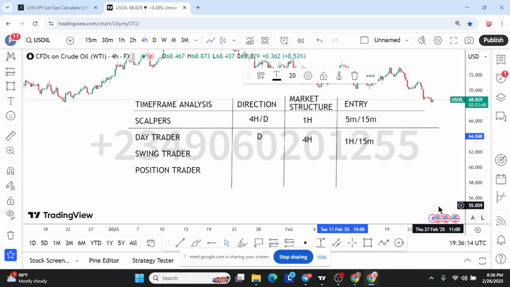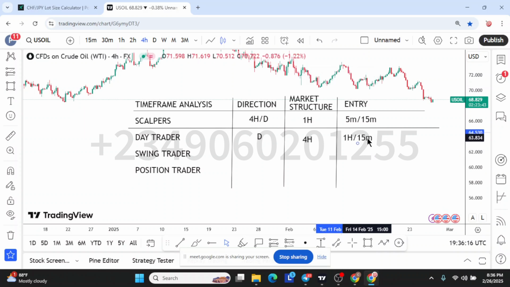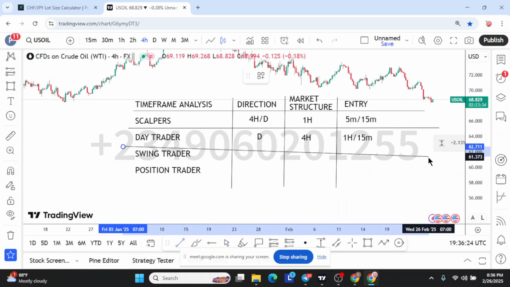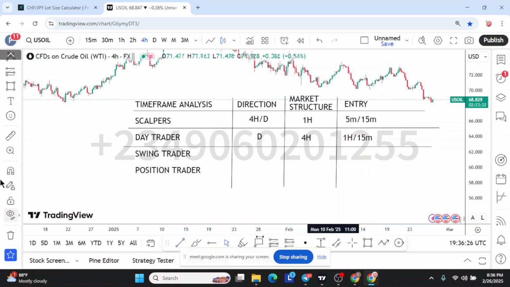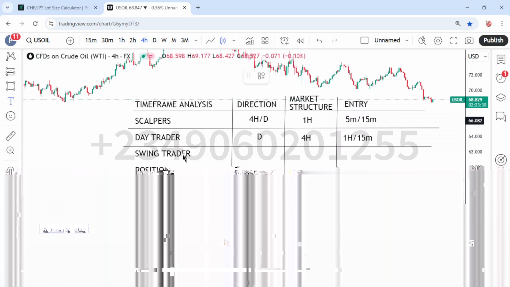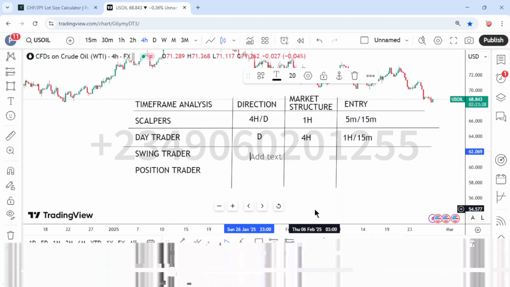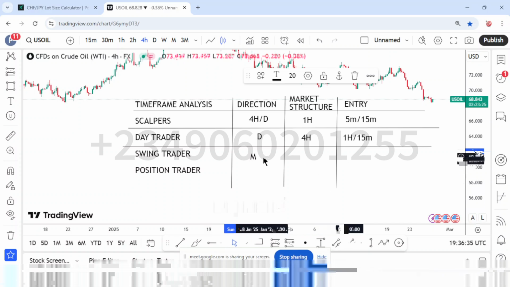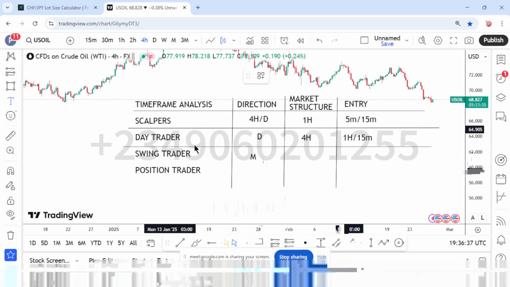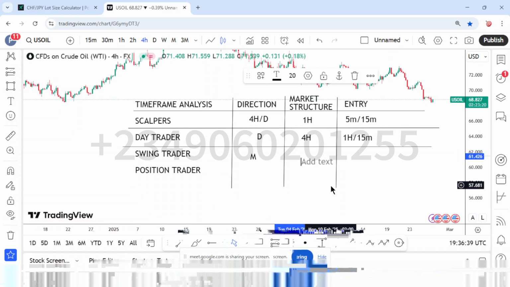One hour or the 15 minutes. Swing trader will use the monthly charts as their directional time frame.